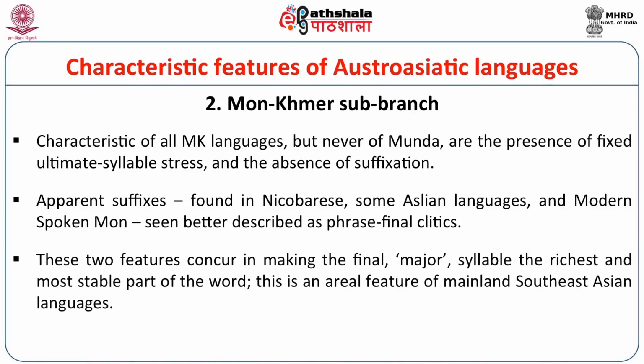These two features stand apart for these languages. In fact, these two features coincide to make what is known as a major syllable, and that is the richest part of the word. This is an areal feature again of mainland Southeast Asian languages.